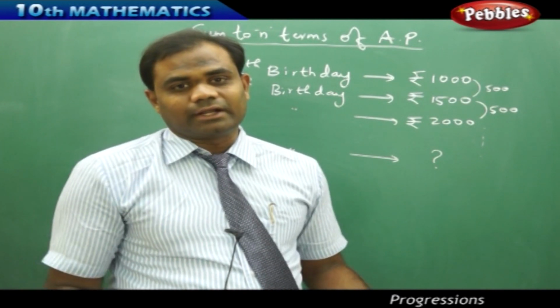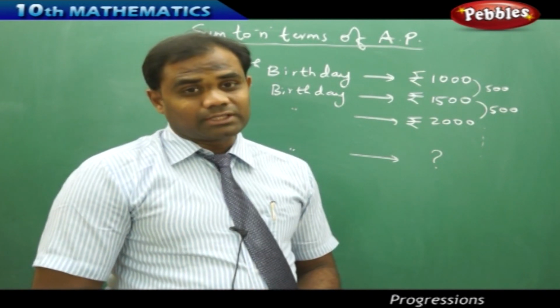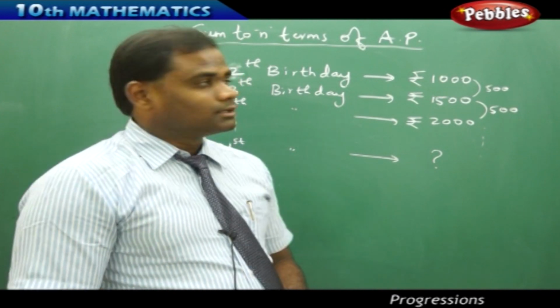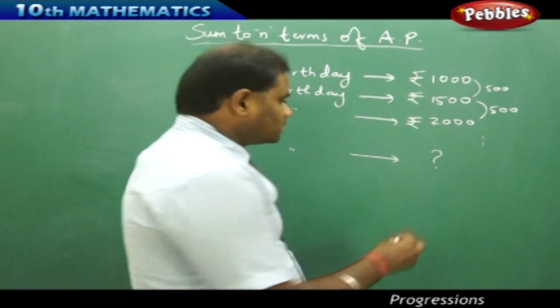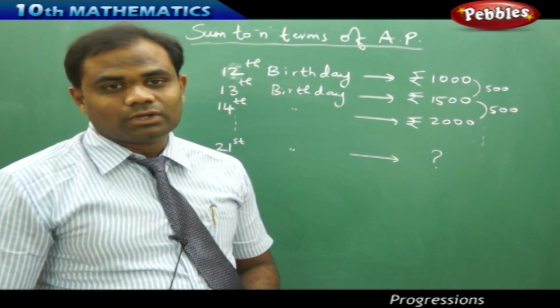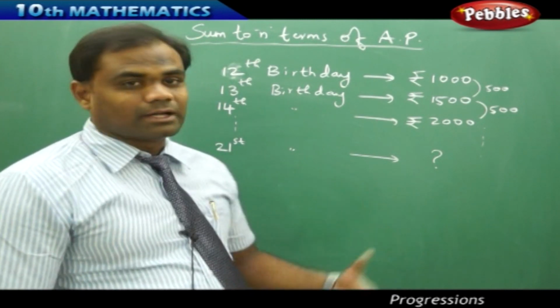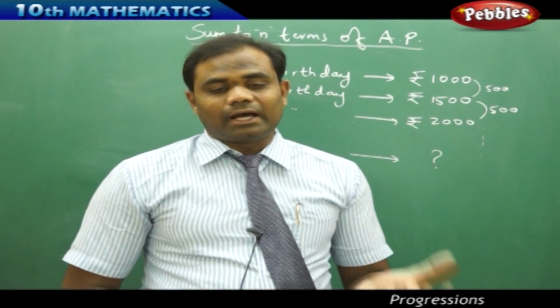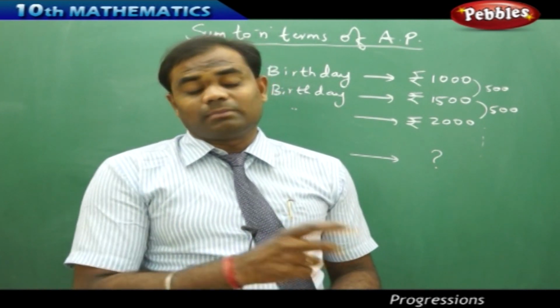Calculating that is nothing but finding the nth term. But not only that, I also want to find how much money I totally collected in my kitty box, that is, by the end of my 21st birthday how much money I have in my money kitty box.